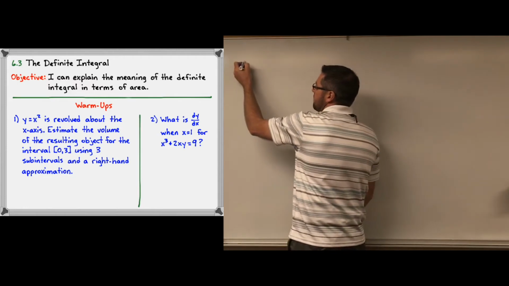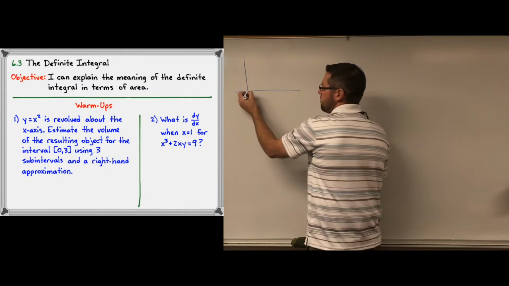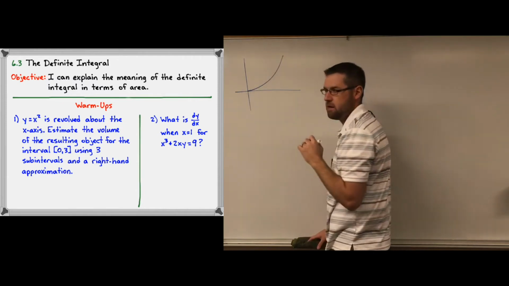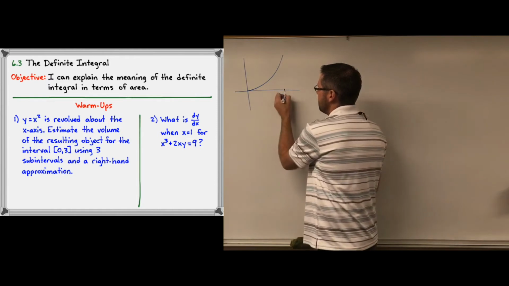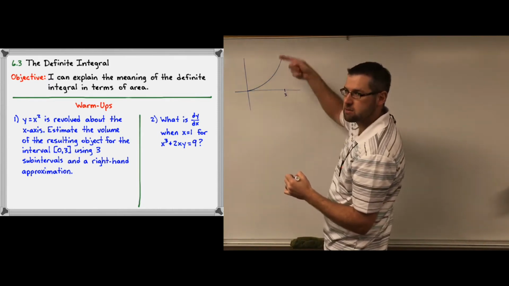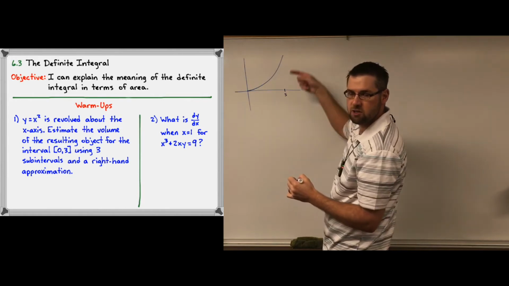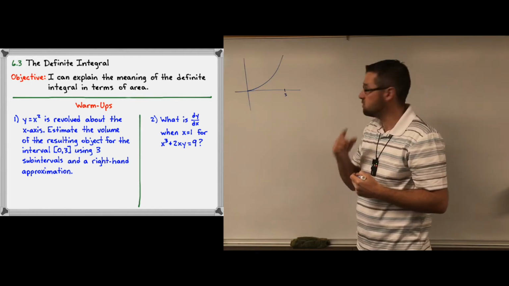So you have y equals x squared, which is a parabola, right? And we're taking that parabola from 0 to 3, and we're revolving this curve around the x-axis. Can you visualize the shape that it makes? A raindrop?